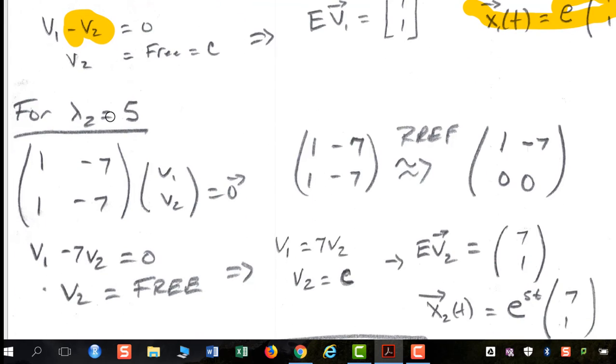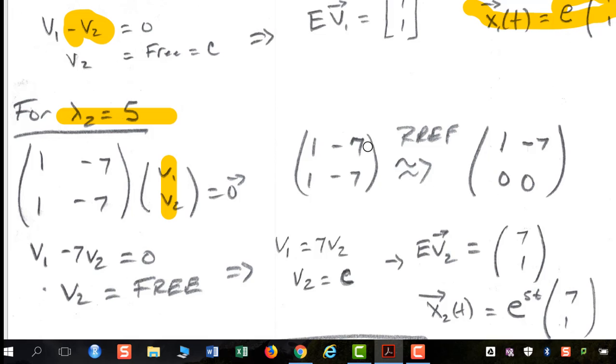I do the same thing for lambda 2, where lambda is equal to 5. So my second eigenvalue is 5. I plug that into A minus lambda I, and I get 1, negative 7, 1, negative 7, times this associated eigenvector v1, v2, and set that equal to the 0 vector.